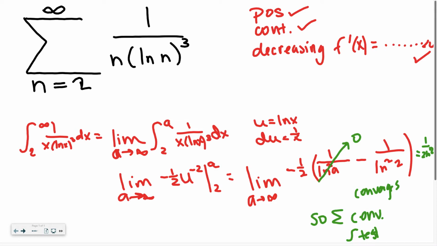The natural log of a goes to infinity, so since it's in the denominator, that would go to 0. If you get any sort of numeric value, that's what the integral is converging to. And if the integral converges, then the series converges. We don't know to what, but we know that it converges based on the integral test. If the integral diverges, then so does the series.